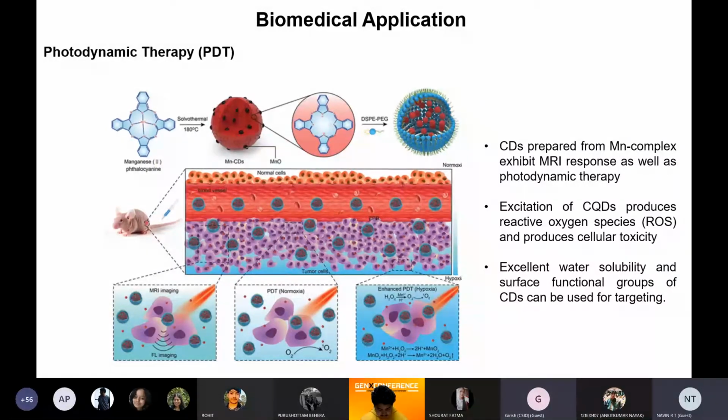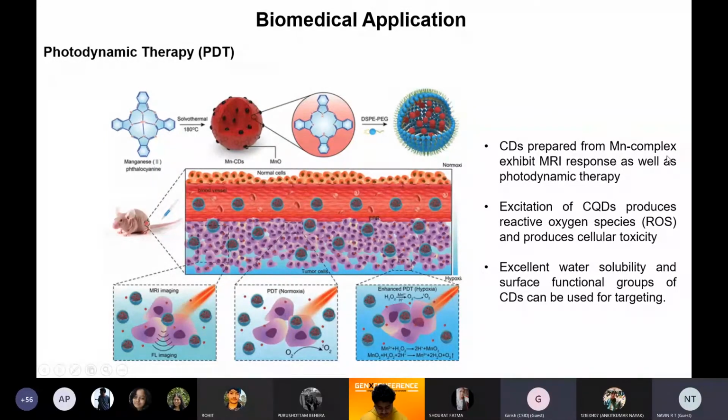So what people have found is that when a carbon dot is made with such a photosensitive complex, it is not only able to produce fluorescence, but it is also able to produce reactive oxygen species. So in this study, they produced carbon dots using a manganese complex.